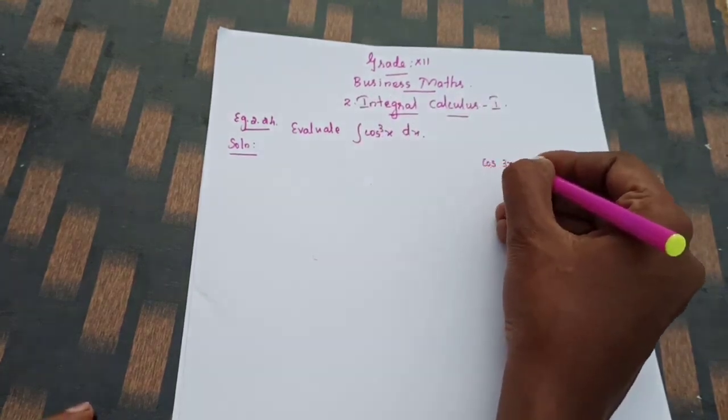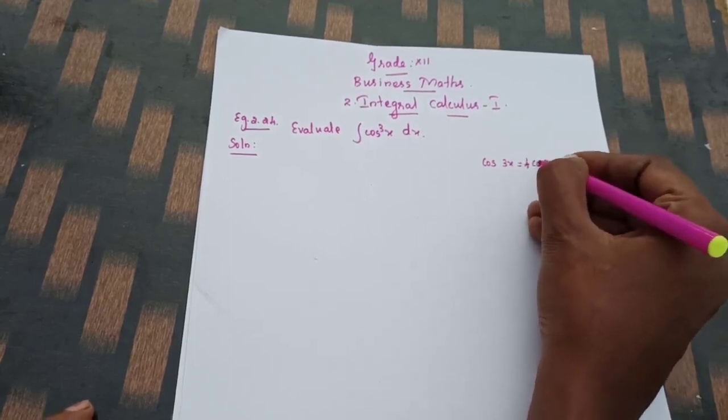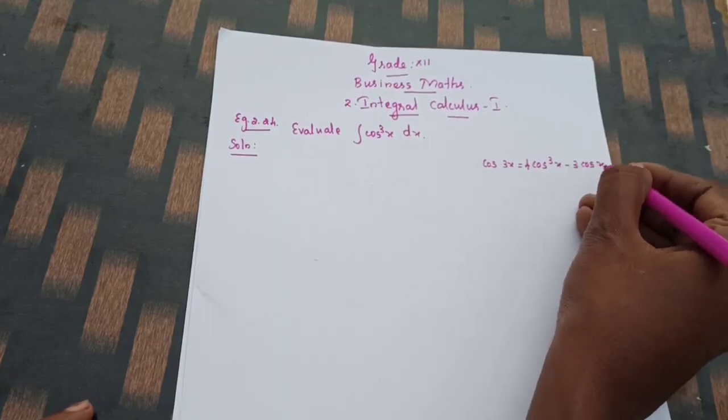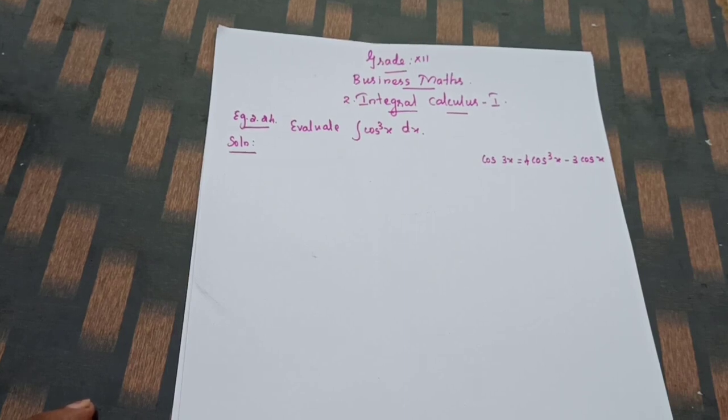That is cos 3x, you have learned the formula already. What is cos 3x? 4 cos cube x minus 3 cos x. You don't know the formula for cos cube x, but we know the formula for cos 3x. So, cos 3x, what's the formula? 4 cos cube x minus 3 cos x.